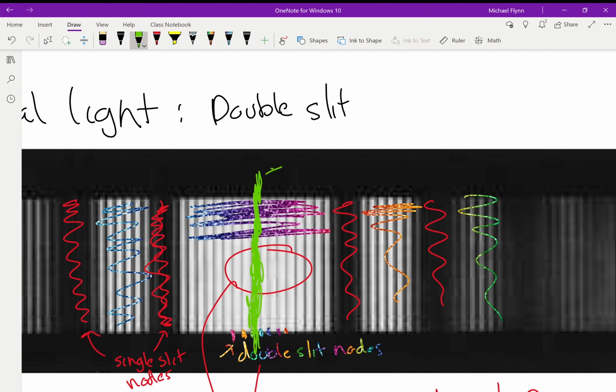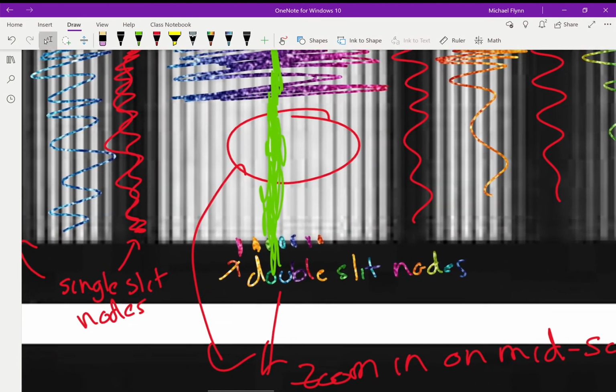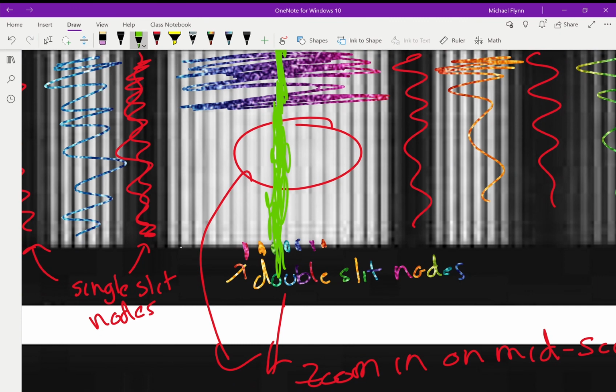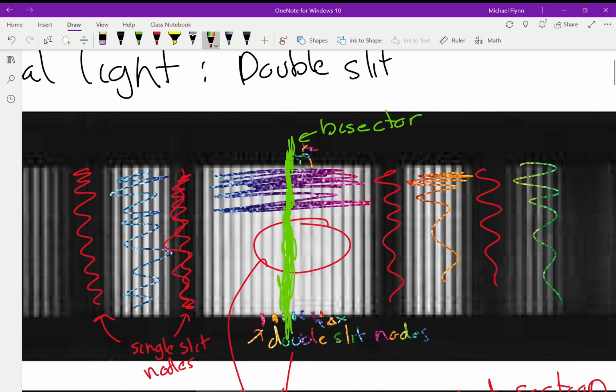That is the bisector, bisecting the pattern in half. In this picture, if I zoom in close enough, and I'll use rainbow, the distance there is delta x. And when you're going to these nodes, that's x1, that would be x2 and so on. So that's for the double slit pattern.